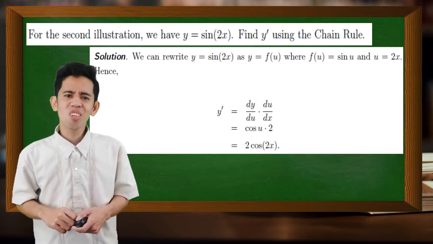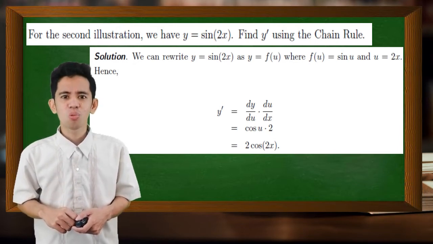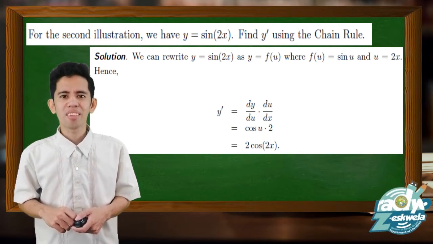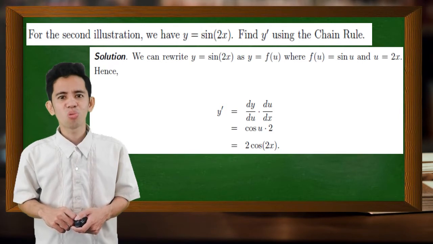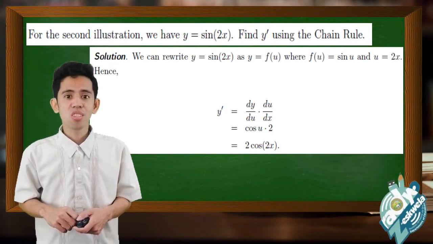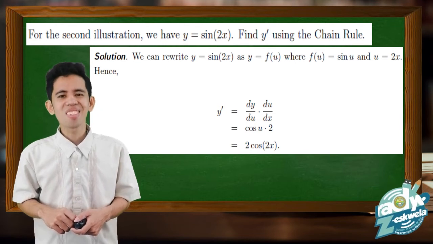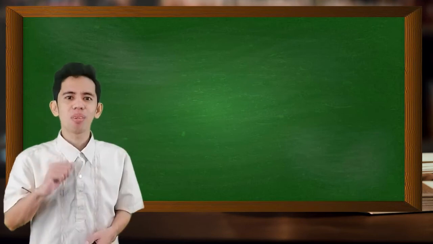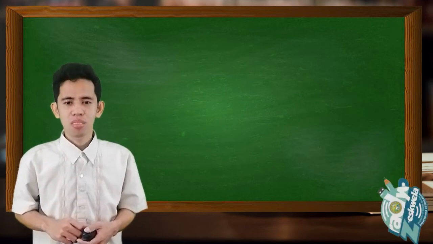Then, cos u times 2. Substitute the value of u and arrange according to order. We have 2 cos 2x, and that is the answer. Amazing! How about this example?